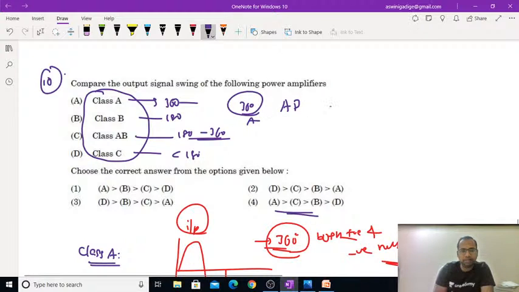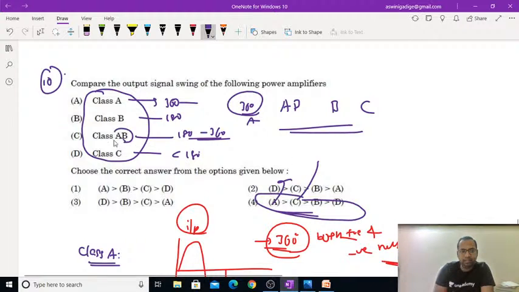So first A, next AB, next B, and next C. A has the highest conduction angle, that is 360, then AB has the next one, then class B, and then class C. So understood, guys? Is that clear?